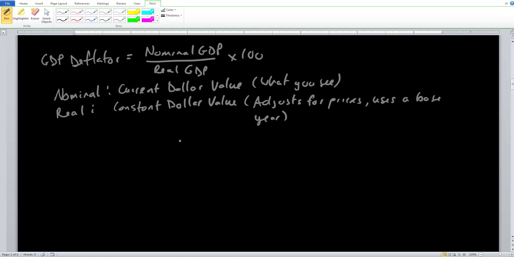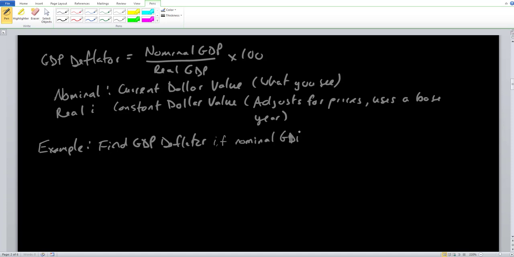So let's use the GDP deflator in order to calculate the inflation rate. Suppose I give you an example. Example number 1: find the GDP deflator if nominal GDP in 2018 is 7,692 and real GDP is 7,425.